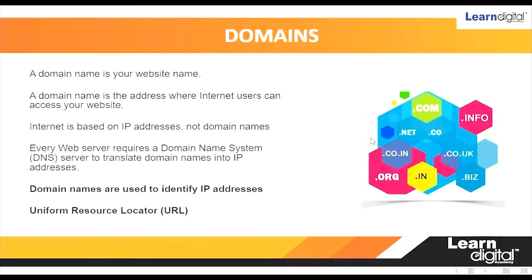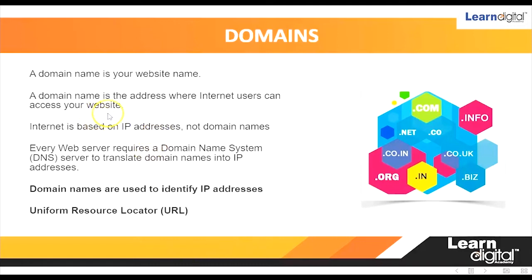Next, domain. Now we were talking about domain. A domain is nothing but a website name, and these are called the extensions, right? A domain name is used to identify IP addresses. For human beings, a domain is a name for understanding, but for a machine it is just like a number, we can say a binary number, right?